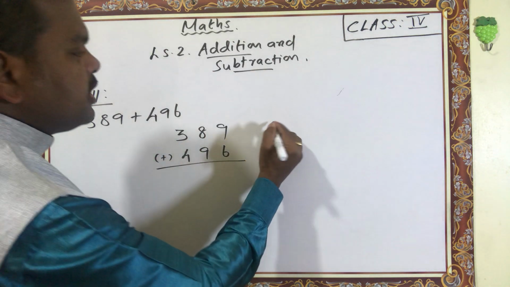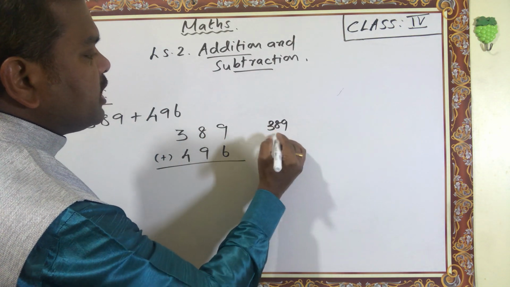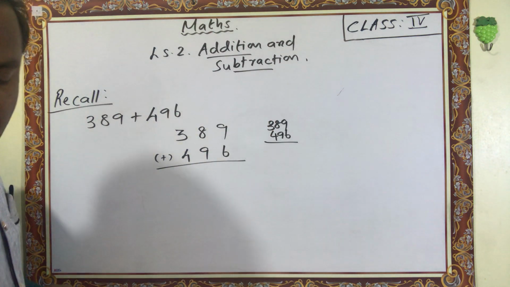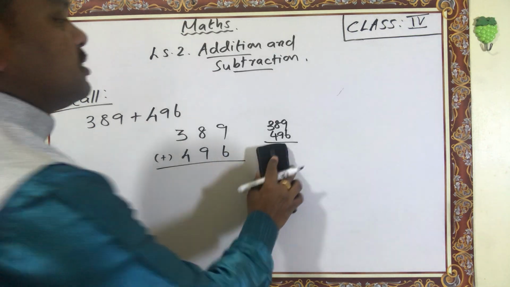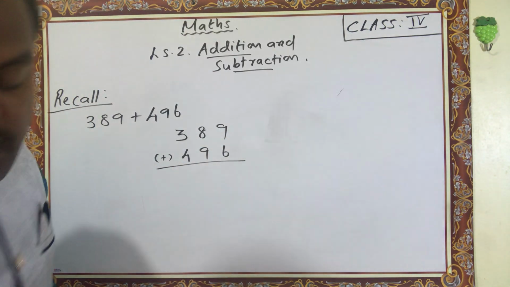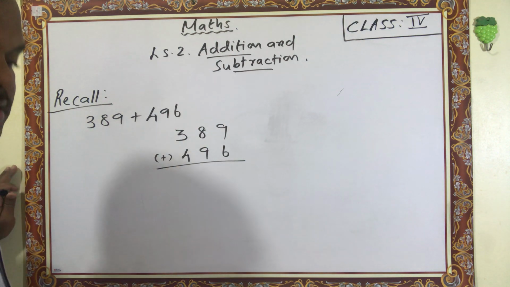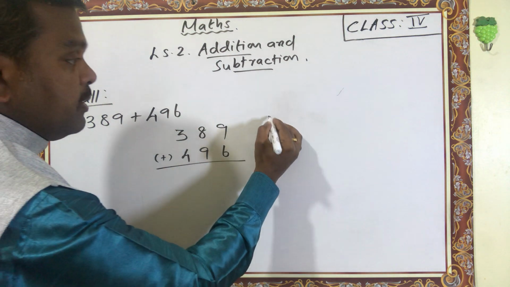See, if you are writing simply like this, 389, 496, when you are adding there is a chance of making mistakes. So that's why leave some space, then write. Then we can add 9 plus 6, 15.